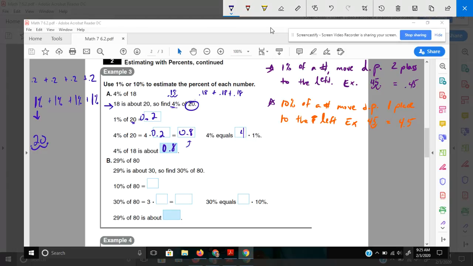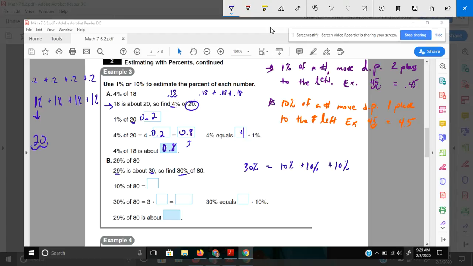Similarly, for letter B, again we're estimating, and it asks us to find 29% of 80. Let's use a compatible number, and you can assume that 29% is really close to 30%. So let's just find 30% of 80. We can think of 30% as 10% plus 10% plus 10%.